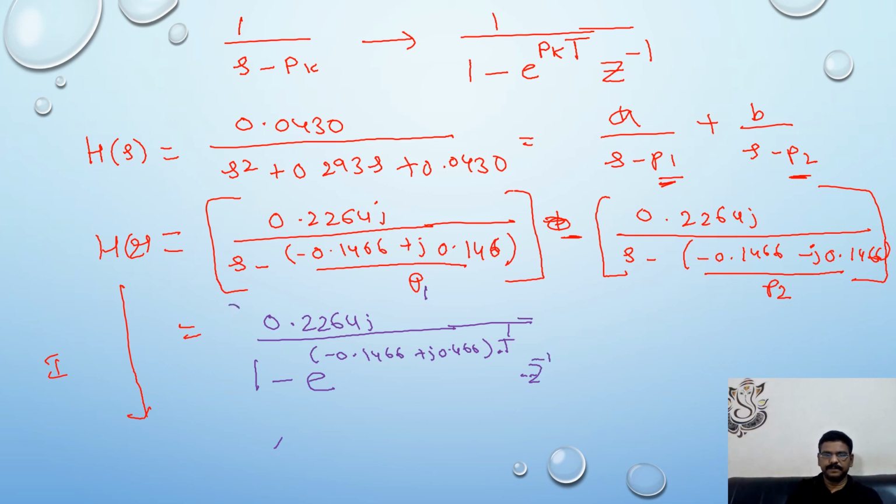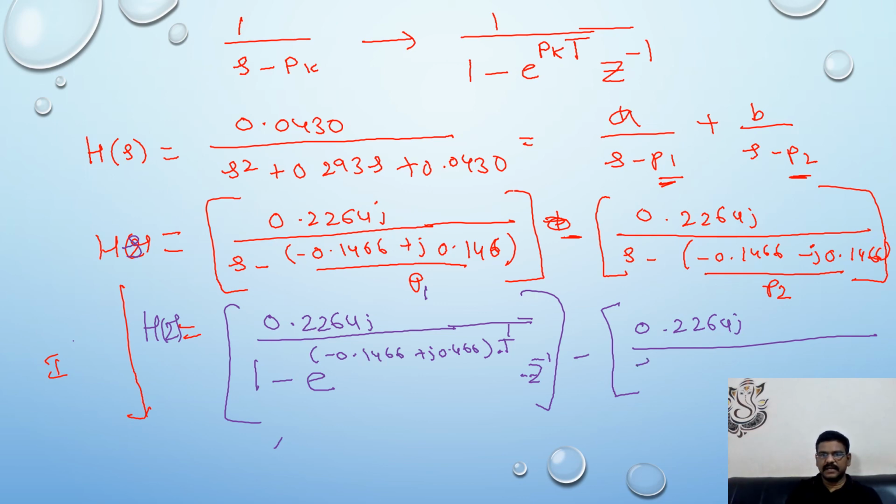In the same way, the second one is minus 0.2264 j as the constant, divided by 1 minus e power p2 T z power minus 1, where p2 is minus 0.1466 minus j 0.1466, and T is 1.